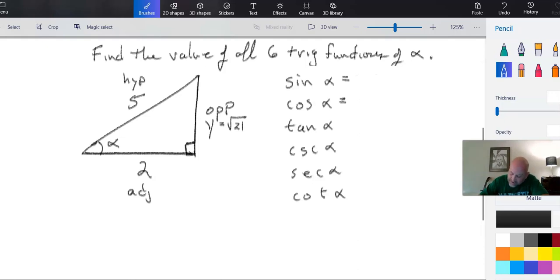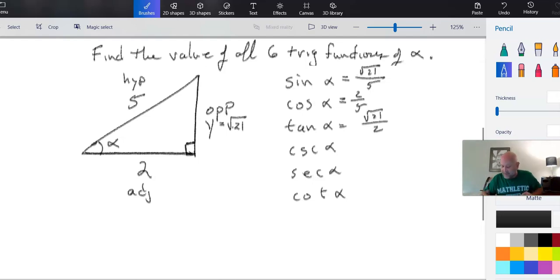So sine alpha is the opposite over the hypotenuse. I don't know why I wrote 2. It's over 5. Cosine is the adjacent over the hypotenuse, so it's just 2/5. Tangent is the opposite over the adjacent, so this one is the square root of 21 over 2.